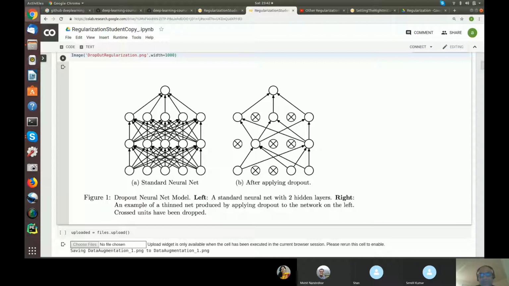And that often tends to cause overfitting when we are mainly depending on certain neurons, which you can think of as certain features being given very high weights.